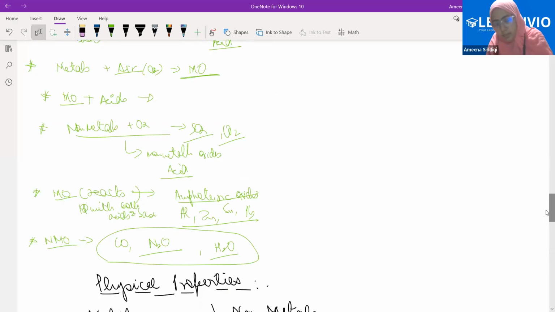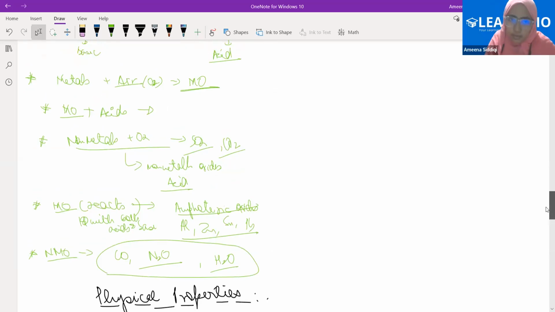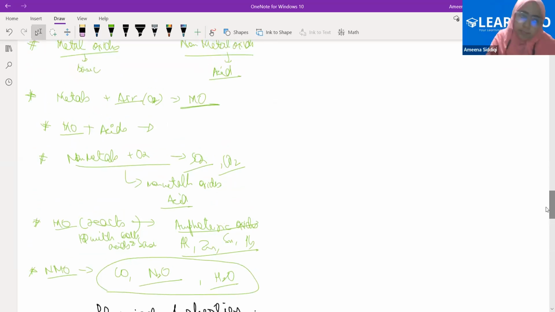They are good conductors of electricity, and they're ductile, I think. Malleable and ductile. Yeah. Acha, these were the properties of metals, right?